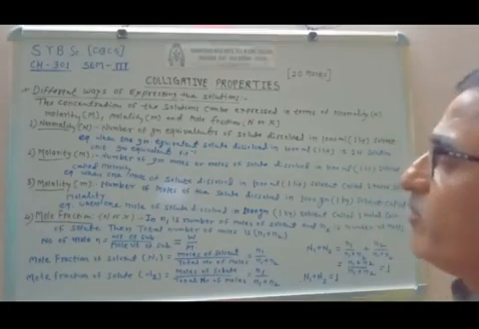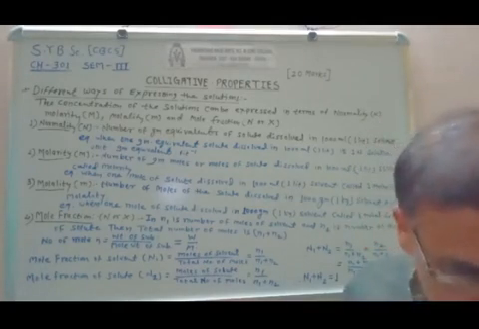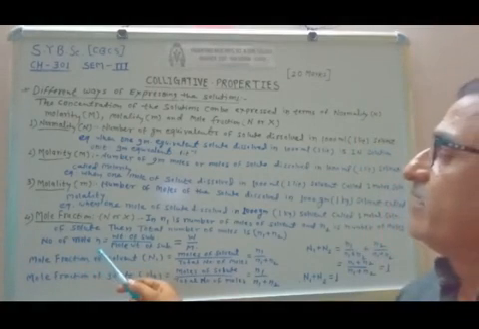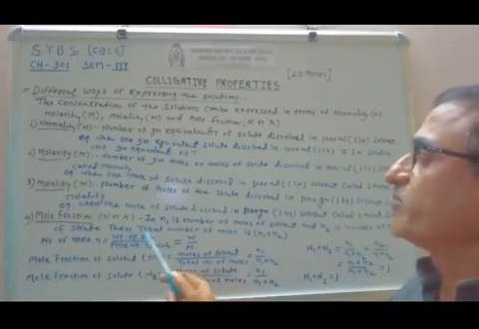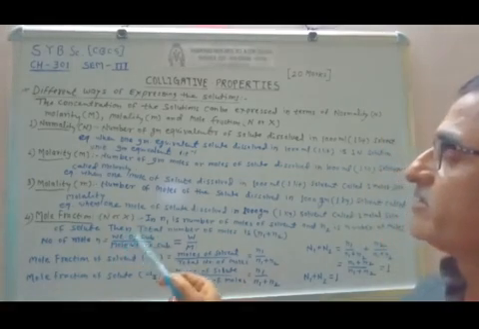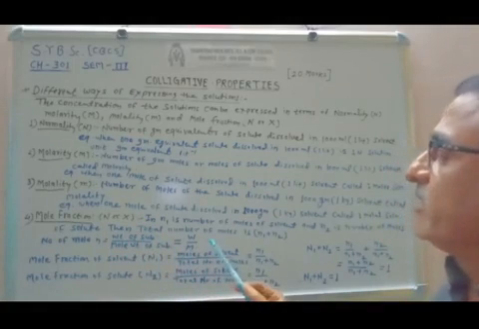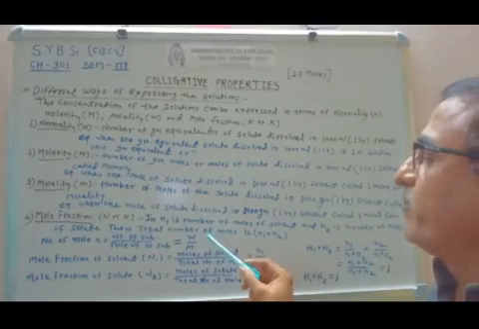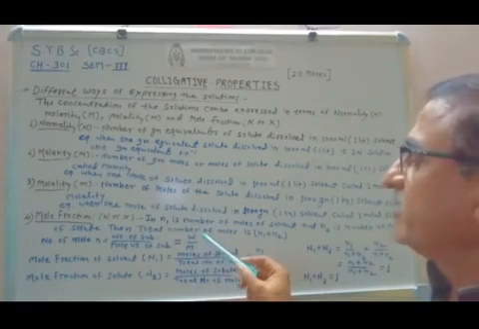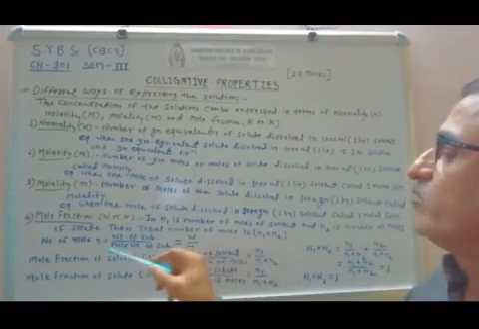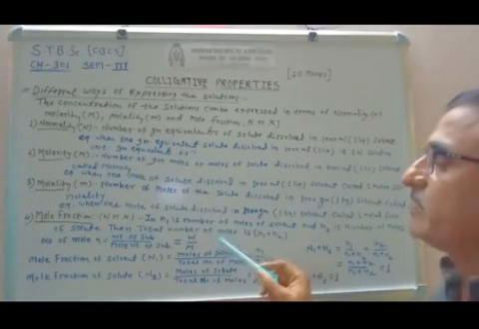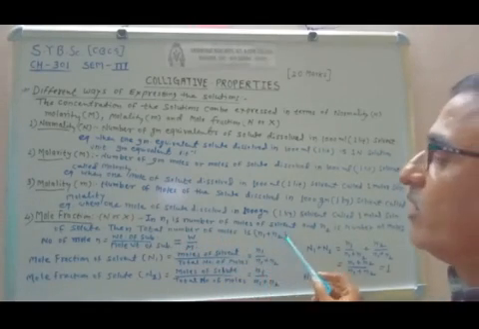The number of moles can be calculated by the formula: number of moles N is equal to weight of substance divided by molecular weight of substance. So if we take 1 gram of a substance and its molecular weight is 1, then 1 divided by 1 gives N equal to 1, that is, 1 mole. In this way we can derive the mole.